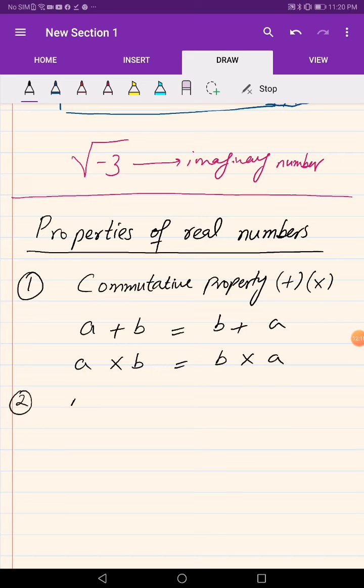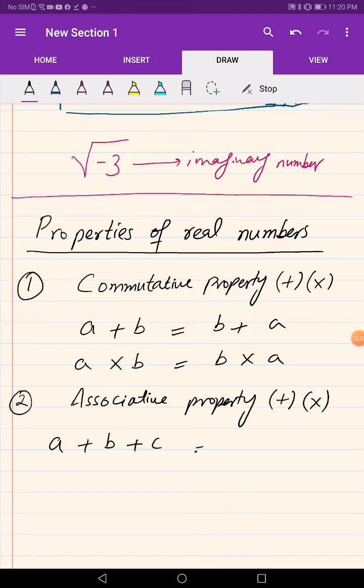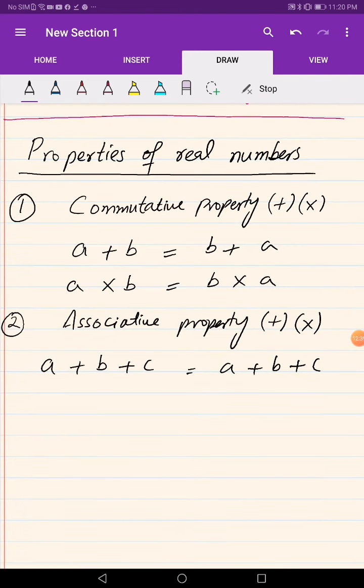The second property is called the associative property. The associative property needs three elements, and I write a plus b plus c and a plus b plus c, but I will change the brackets, keeping my focus on the order of addition.